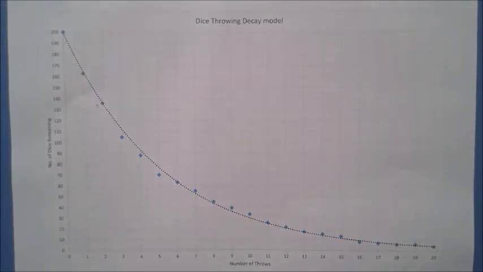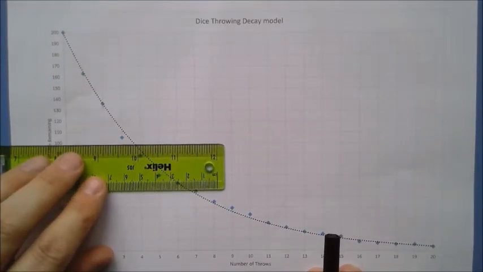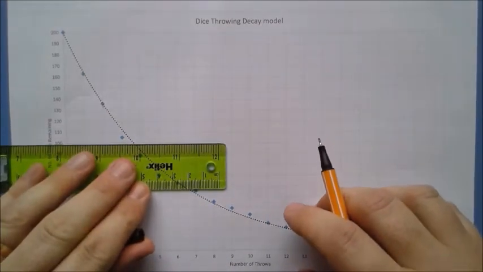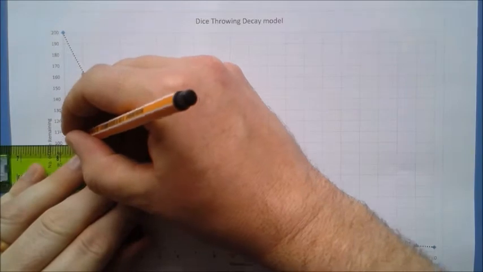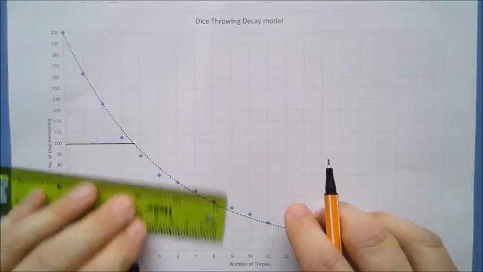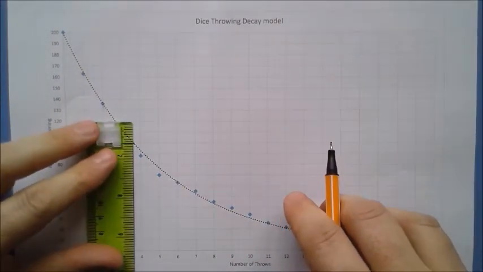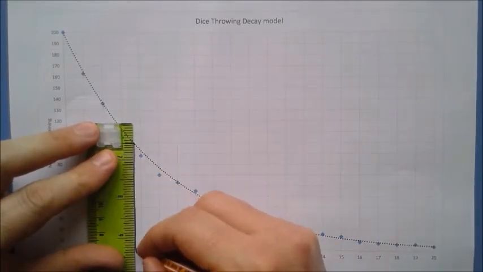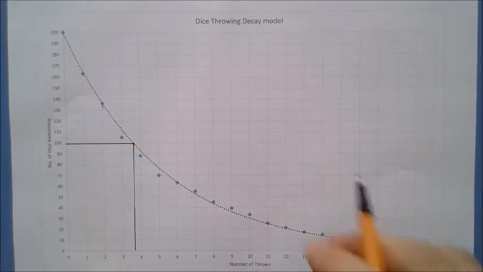And we can work the half-life of the dice throwing out from this experiment, because what we can do is take the 200 dice we started at and draw a line on at half of that. And then from there we can come down and we find that it's just over 3.5 throws.